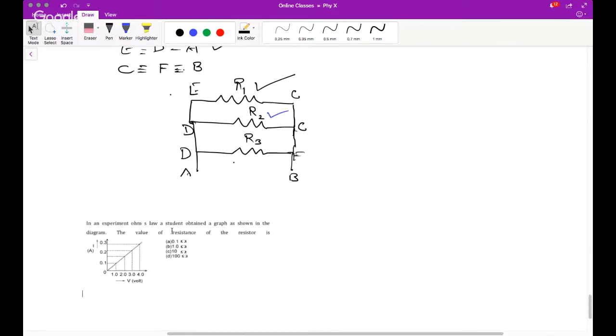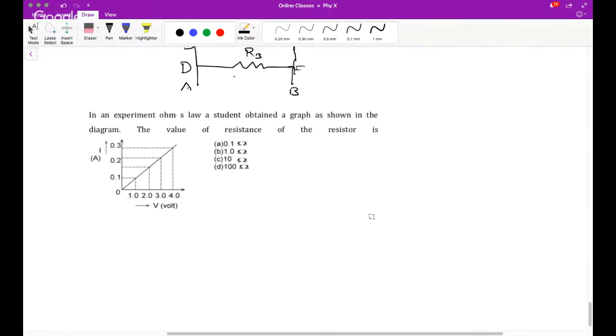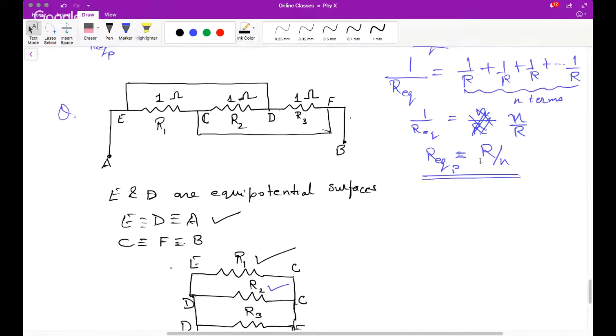In an exam, how many marks that question would be, I really don't know. It will be, but not less than 3 marks for sure. Do this. R1 and R2 are in series? No, who says R1 and R2 are in series? This connection is making things different.